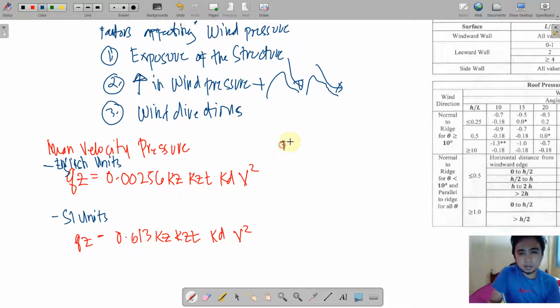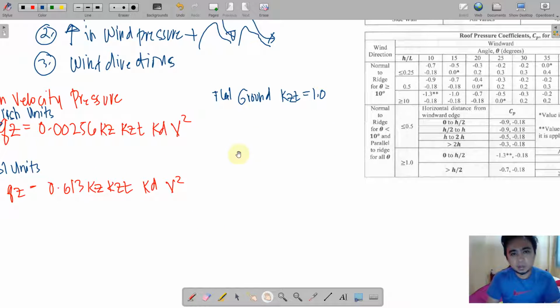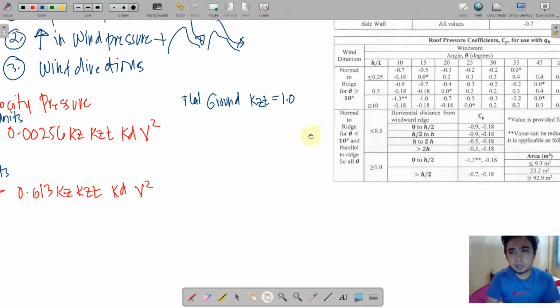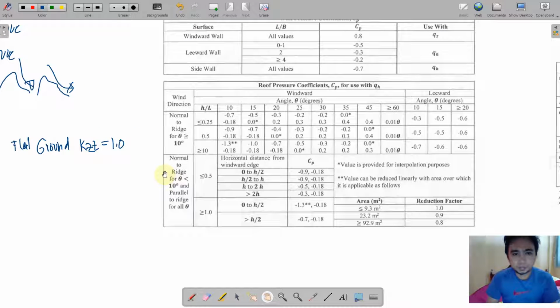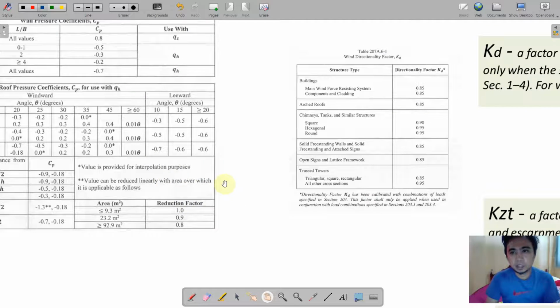When it is a flat surface, or flat ground or flat terrain, we set our KZT equal to 1.0. However, if we have escarpments and hills present, there is a tedious evaluation of the coefficient KZT.